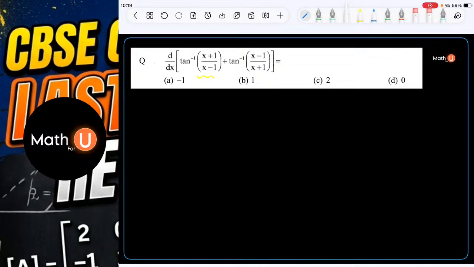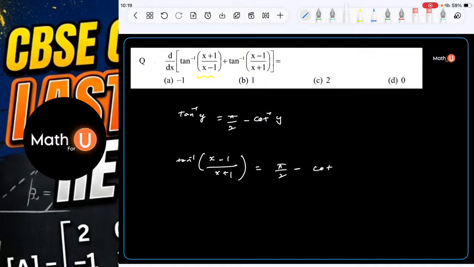The one thing you should remember is the property: tan inverse of something is equal to pi by 2 minus cot inverse of the same thing. It can be rewritten like this. Similarly, I will write tan inverse of (x minus 1) by (x plus 1) as pi by 2 minus cot inverse of (x minus 1) by (x plus 1). Okay, this second term can be written like this.